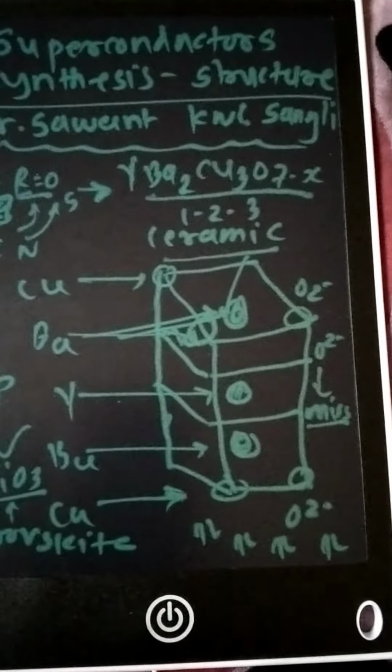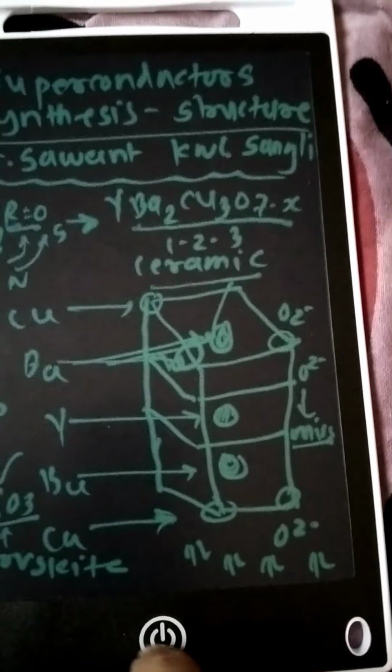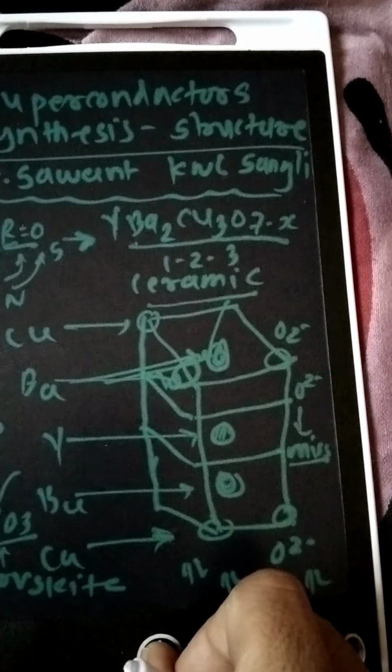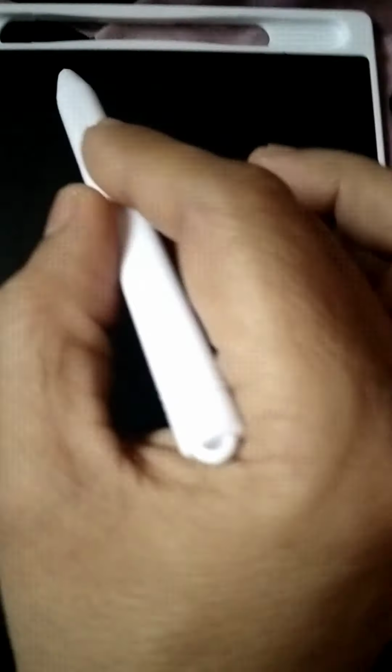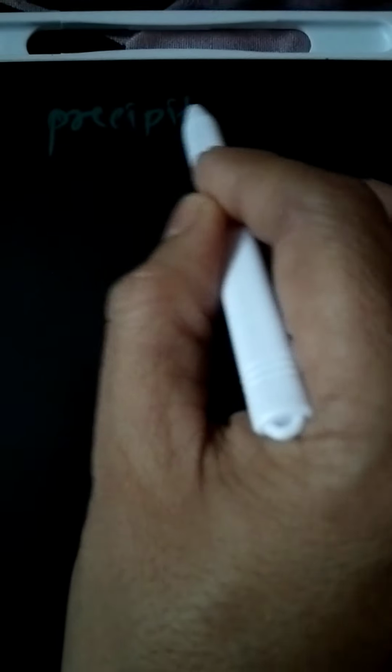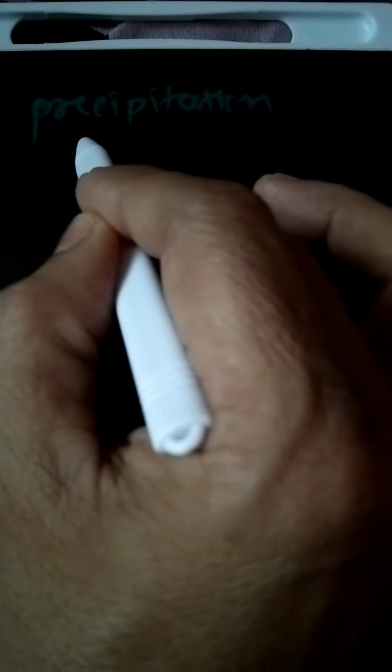So what are the special methods used for the synthesis of such materials? The old, classical methods are not used today. Those old methods were based on precipitation, vapor deposition, CVD, chemical vapor deposition, physical vapor deposition, co-precipitation, and sol gel techniques.